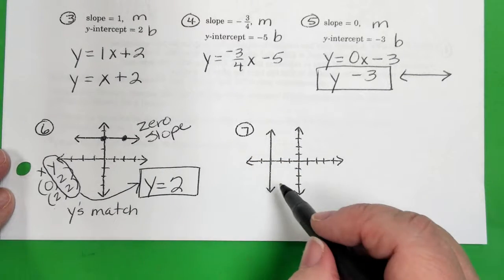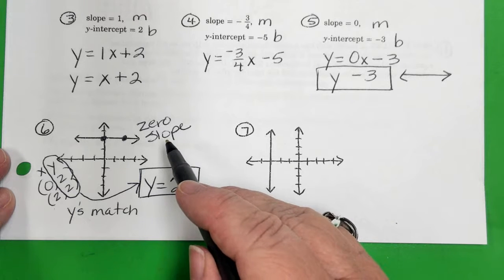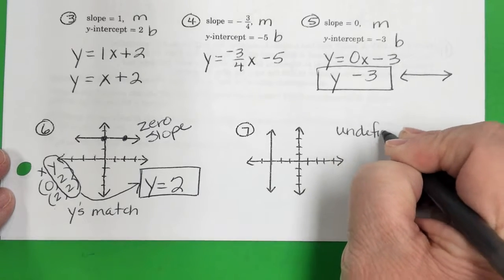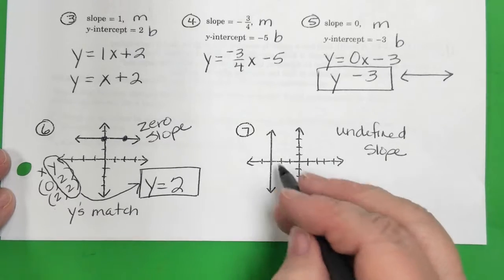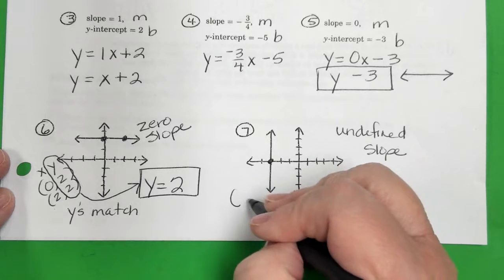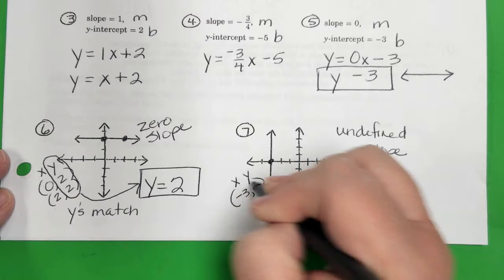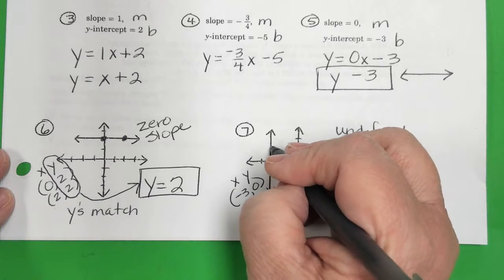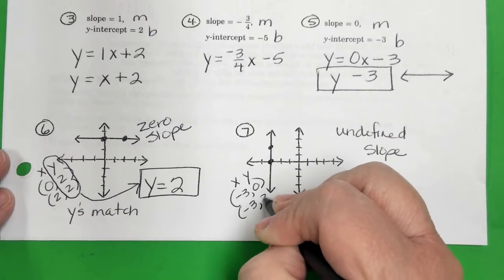For our next one, this is undefined slope, and this slope is the opposite. If we were to find two ordered pairs using this one, it would be -3, 0. Remembering x and y, that's the order of the ordered pair. And then if we used this point, would be -3, +2.